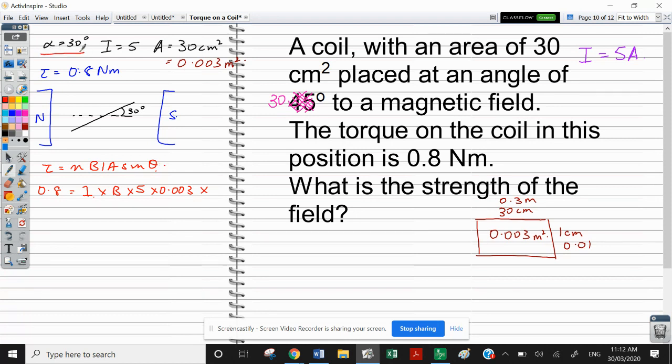We know alpha is 30, and theta is 90 minus alpha, so it is sine 60. Rearranging, B equals 0.8 over 5 times 0.003 times sine 60, which in the calculator is 61.6 Tesla.